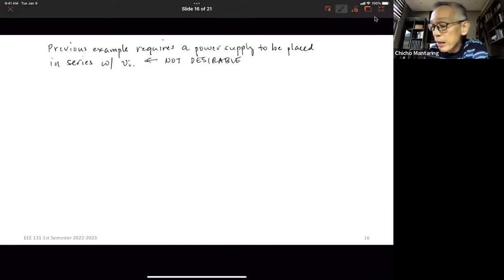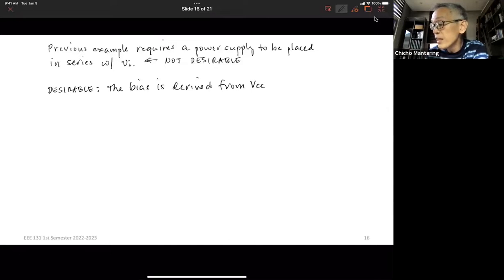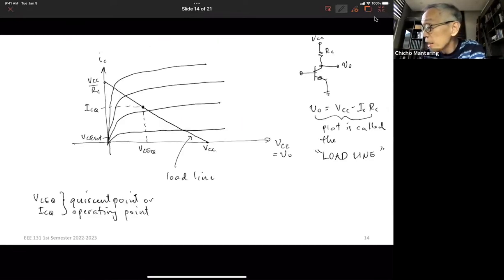So actually, what is desirable is the bias is derived from VCC. If there's a way that this VCC can be used to provide me the bias, yun yung maganda.